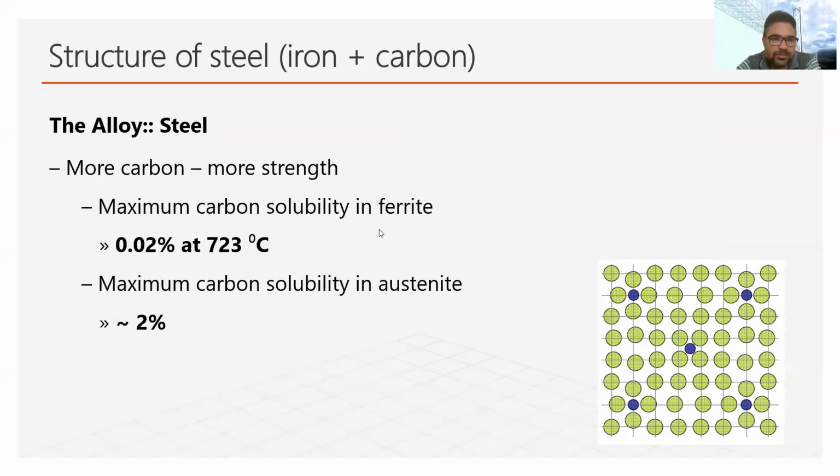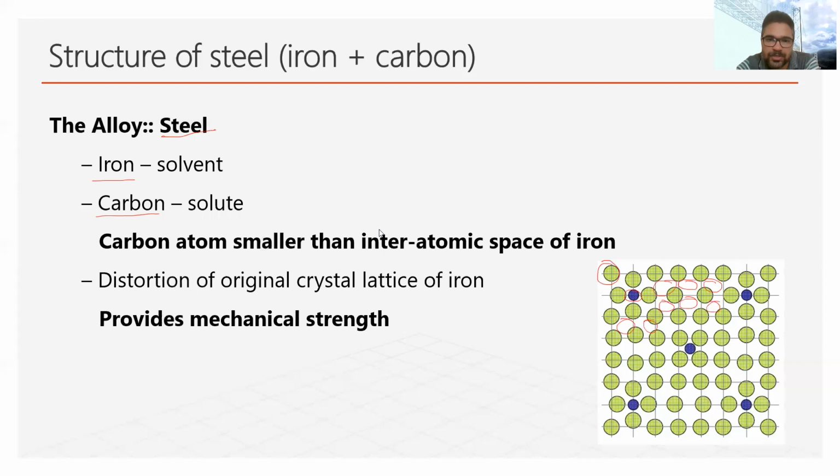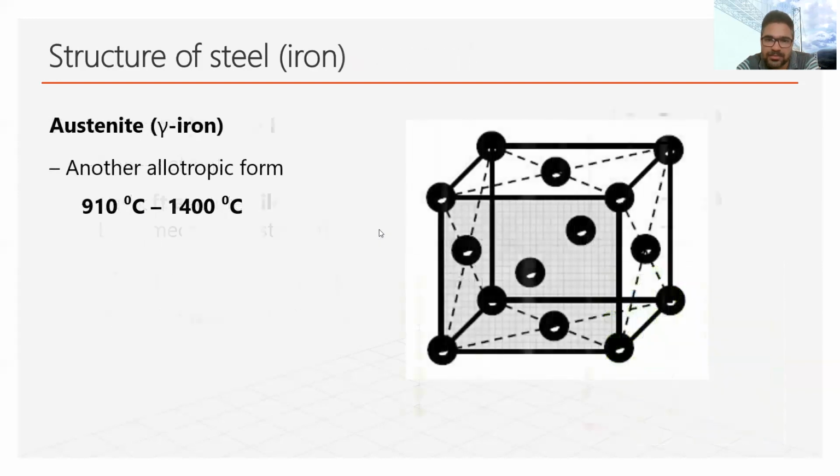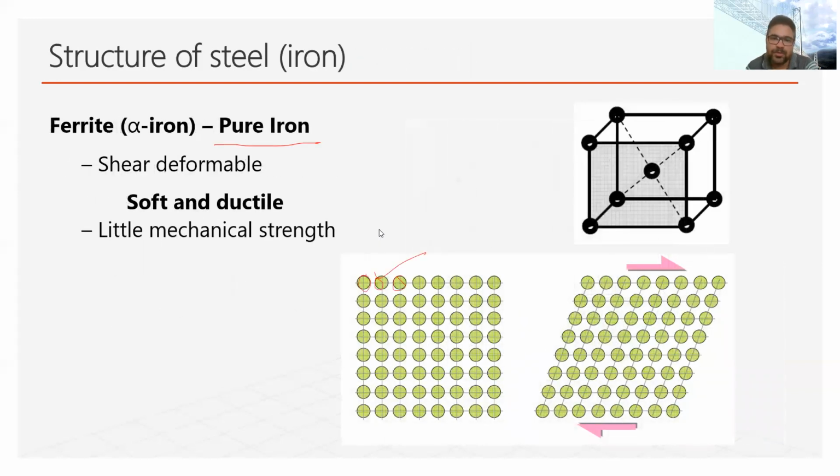So now we know if we provide more carbon, there will be more strength. This strength will be in terms of hardness. Steel will be very hard. Steel will have more strength, but at the same time, the ductility of the steel will be low. As you can see in the previous diagram, there is the pure form of ferrite, and this can be ductile.